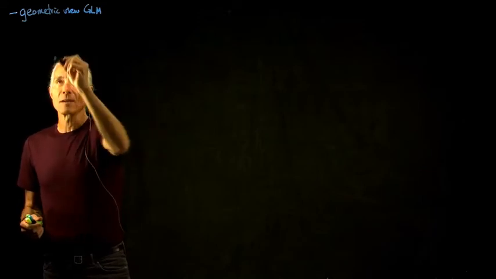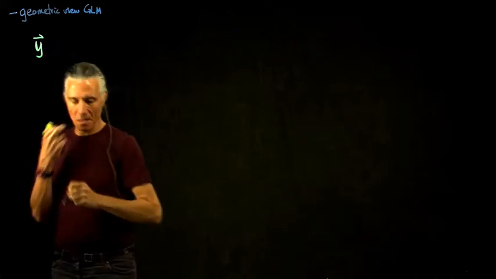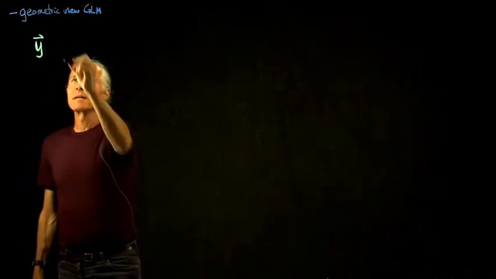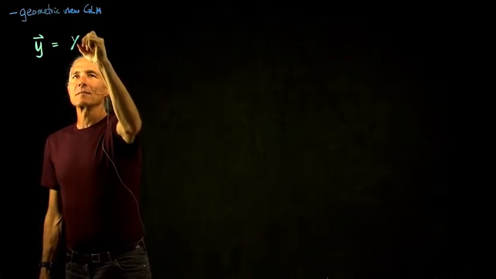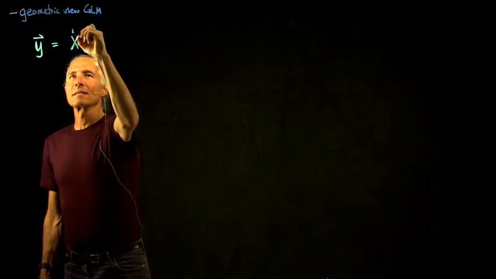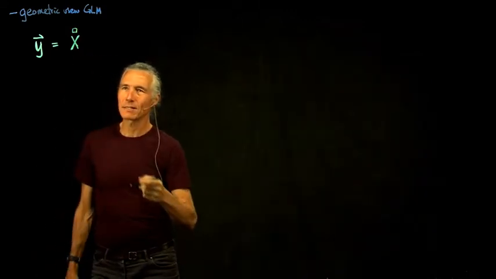So if we start again with the basic equation. The basic equation for the general linear model was there's a vector of data, and that is equal to this matrix, which is the convolution turned into a matrix.